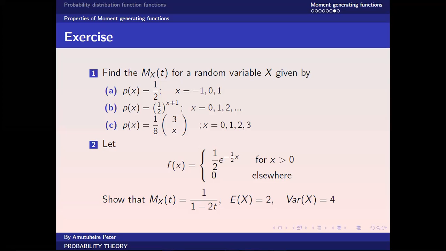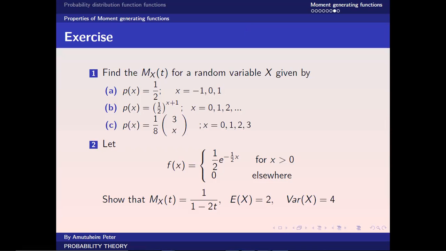The half is a constant. I have t's only, I don't have x's, sorry. There's no x here because I'm putting the value of x as 1.